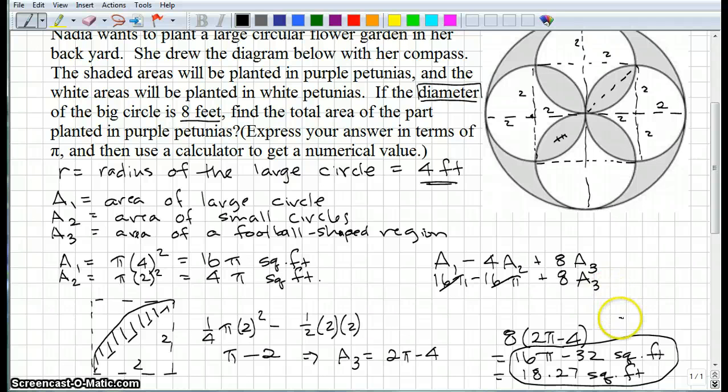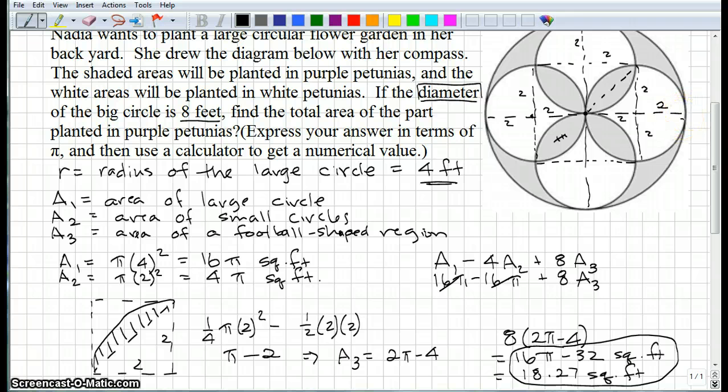So anyway, all you'd have to do is take a stick, put it in the center, and then take a string and attach it to that stick, and trace out your 4-foot radius large circle.